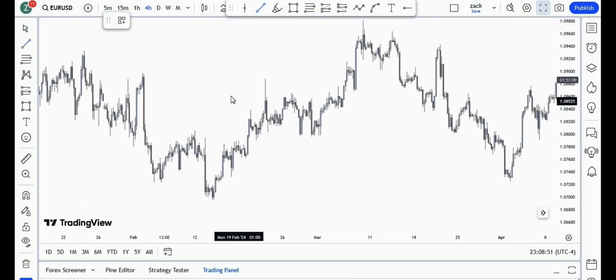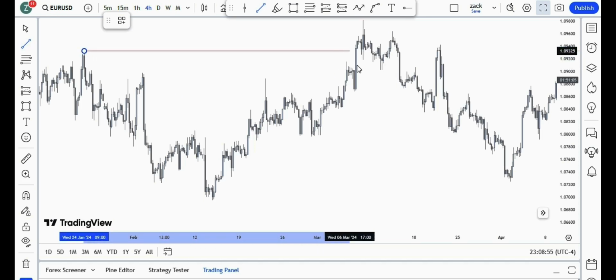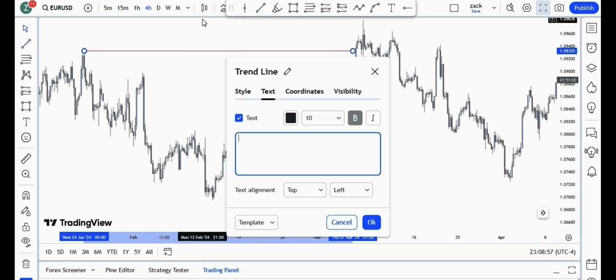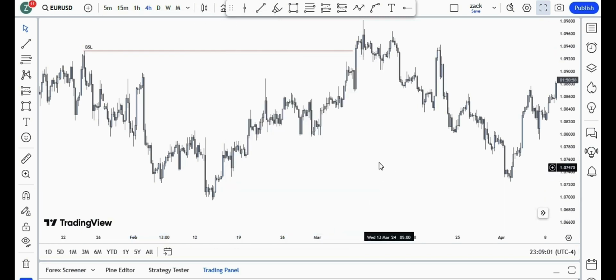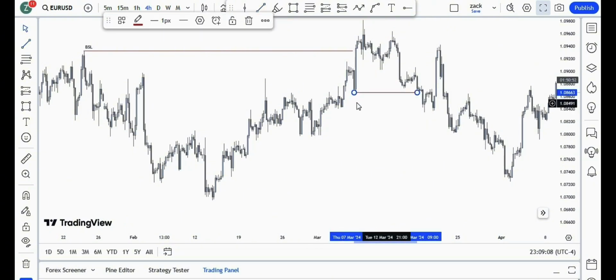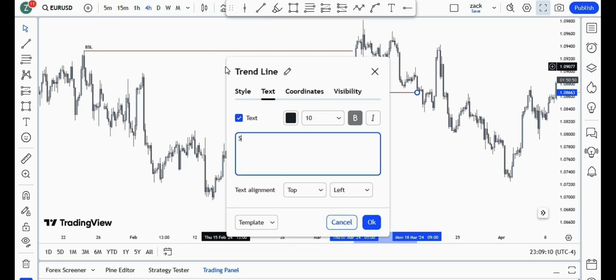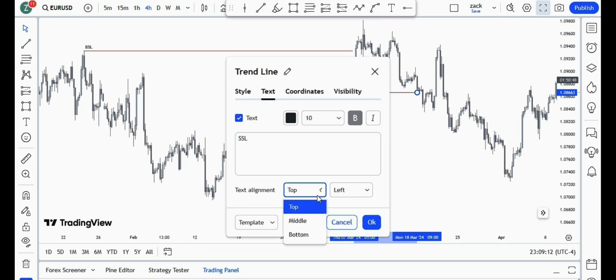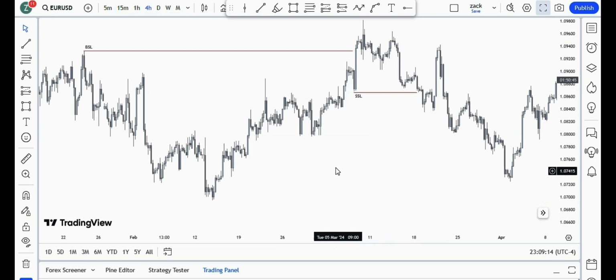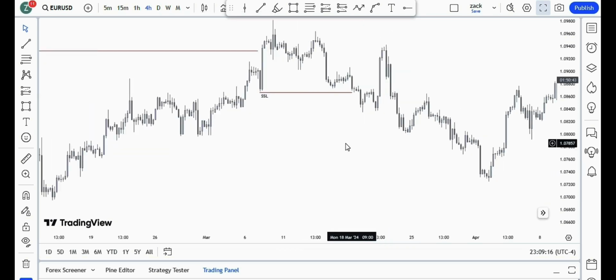Okay, now let's say price took out this high, because if you want to sell, price has to take a high before you can even think of selling. So after price takes a low, we'll talk about liquidity later, but for now our main focus is on fair value gaps.